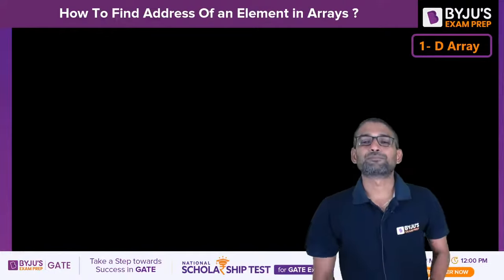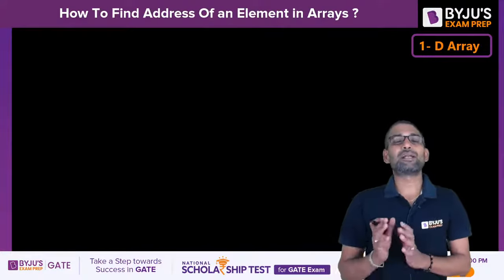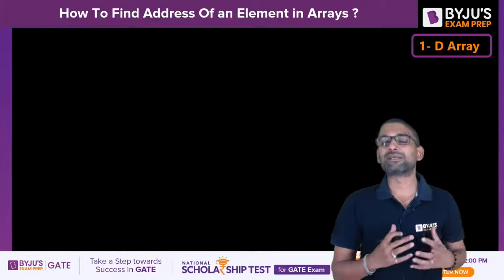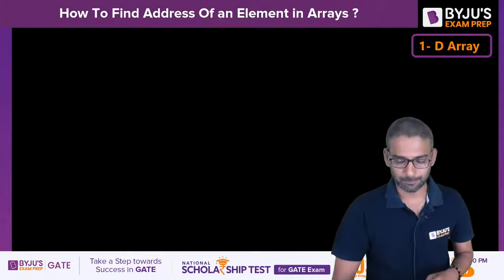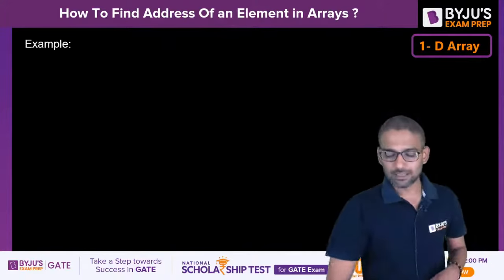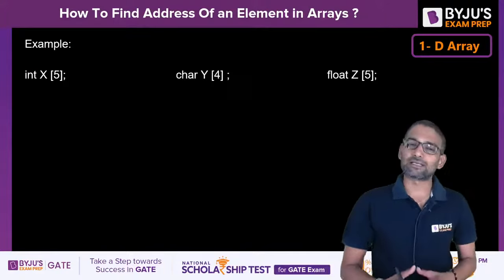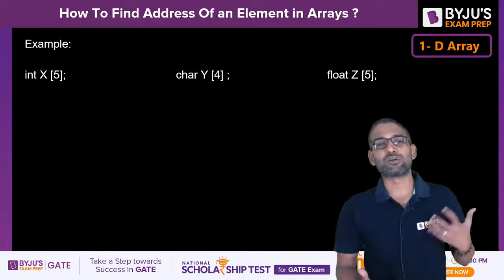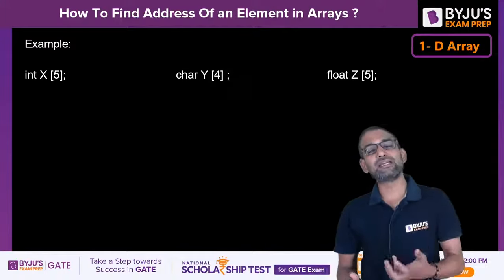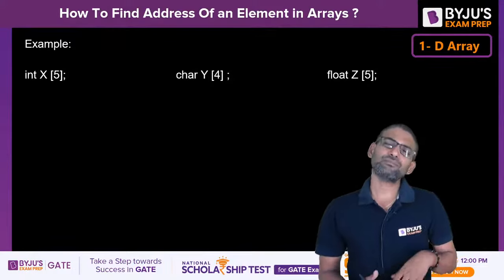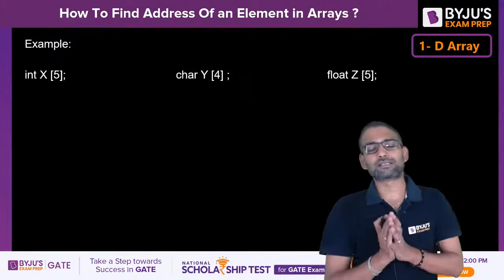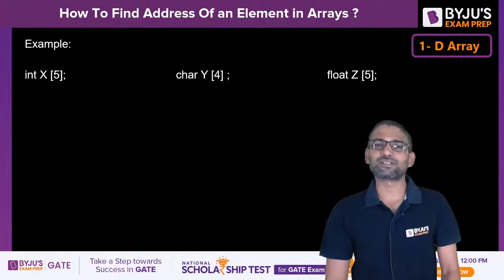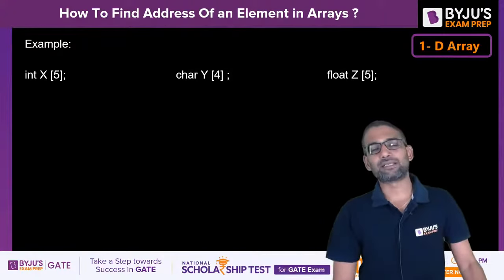First of all, if we take a one-dimensional array, we have already seen how to create one. We can create an integer array, a character array or a float array, because the data type can be any fundamental data type. Of course it can be a derived data type also, but let us first understand for the basic data types.